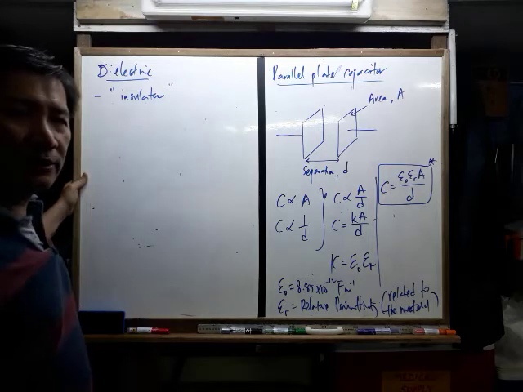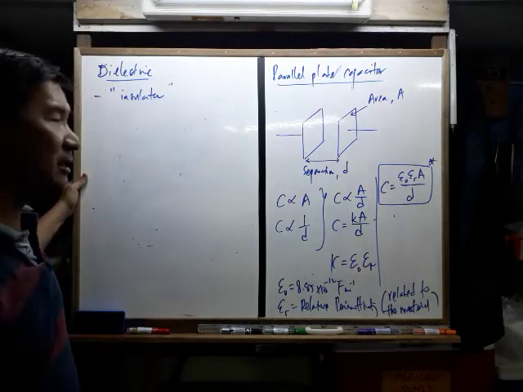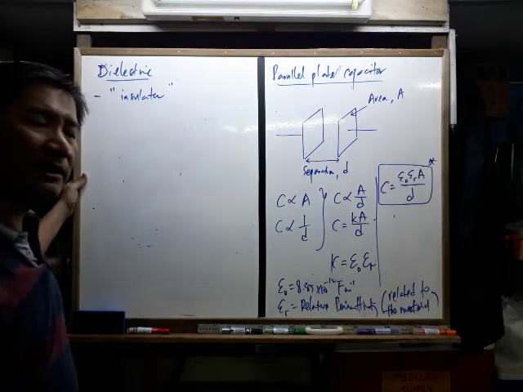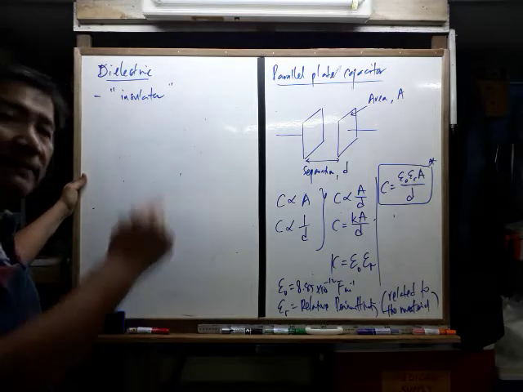Why is it called dielectric? Why the word di? Di means two. So dielectric means there is an electric dipole change, positive and negative.